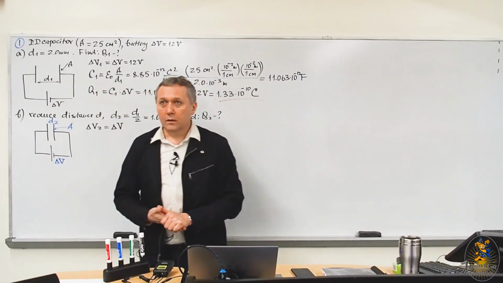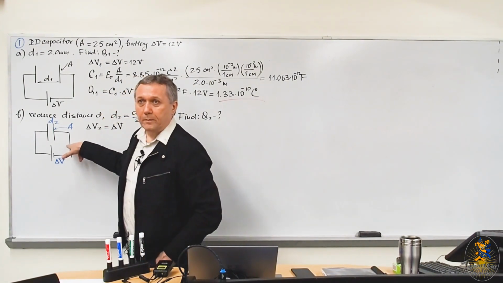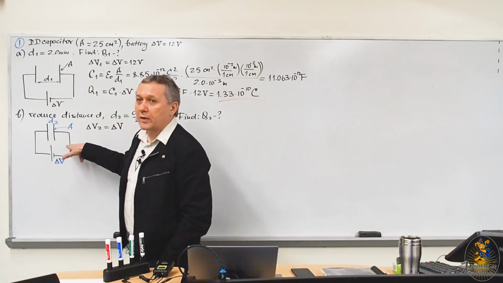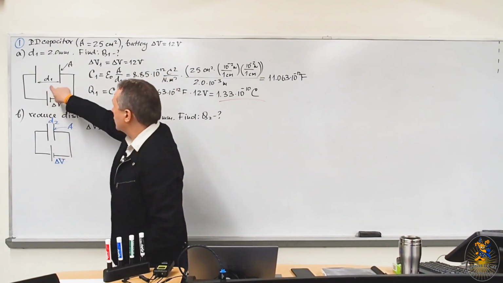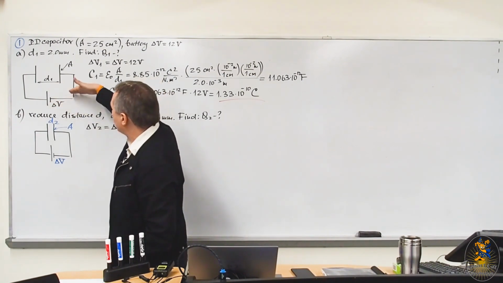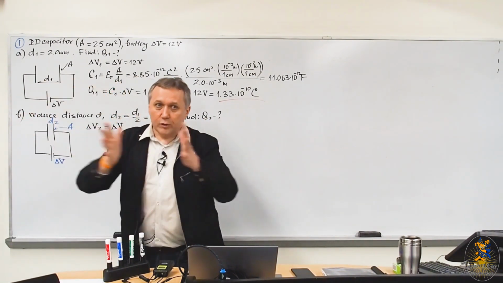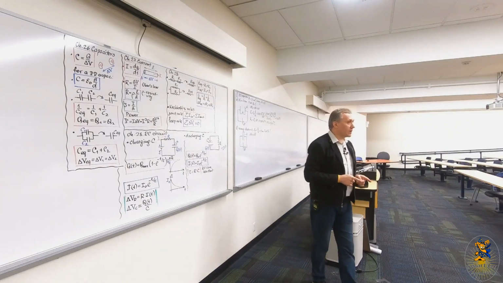But if we disconnect the battery, which parameter would stay the same? Let's say we charged the capacitor, and then for part B, we disconnect the battery and reduce the distance between the plates. Which parameter would stay the same?